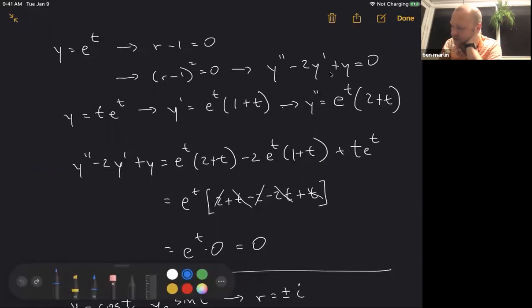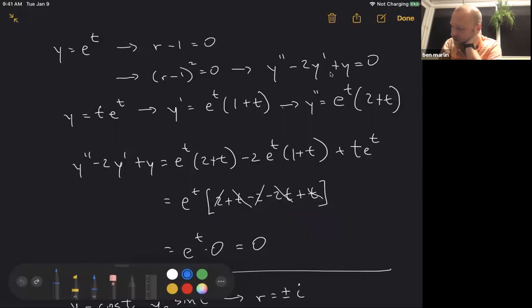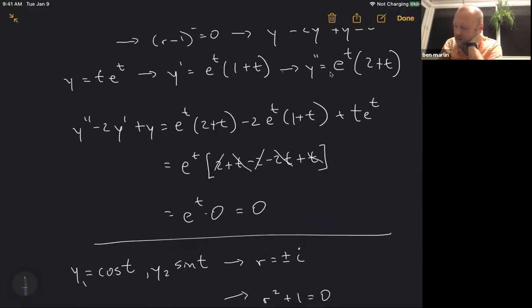Since you can factor your e to the t out of everything, we can put together the 2 plus t, the minus 2t, and the plus t. When we do that, we see that the 2's cancel out, and the t and the t and the minus 2t all cancel together. That means we have just e to the t times 0. In other words, we have 0. That means that t e to the t satisfies the equation that we're trying to show it satisfies.